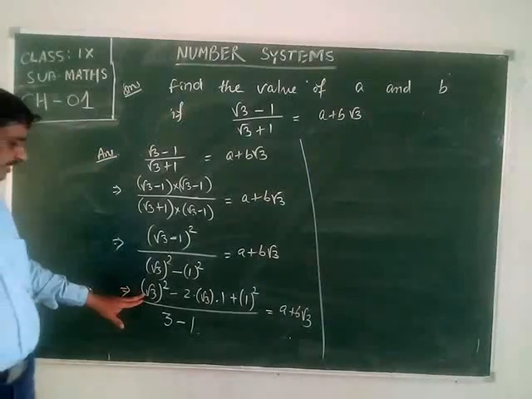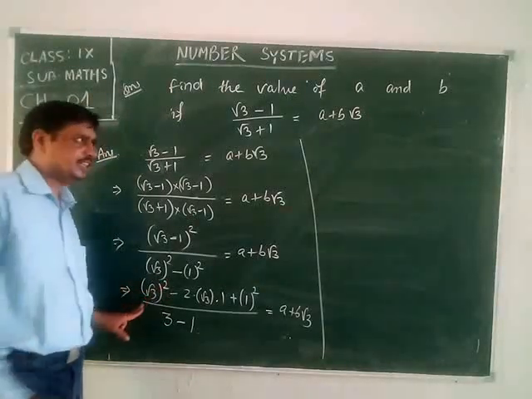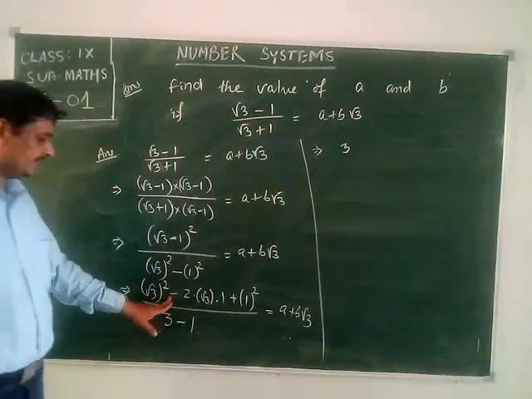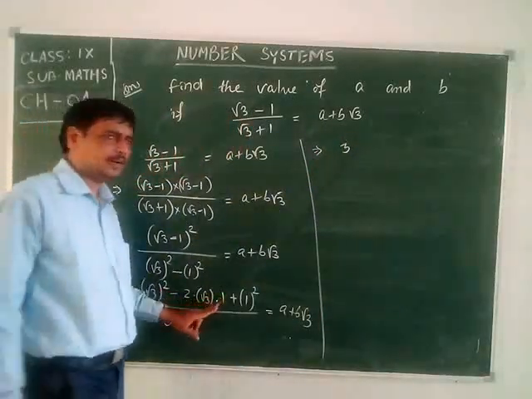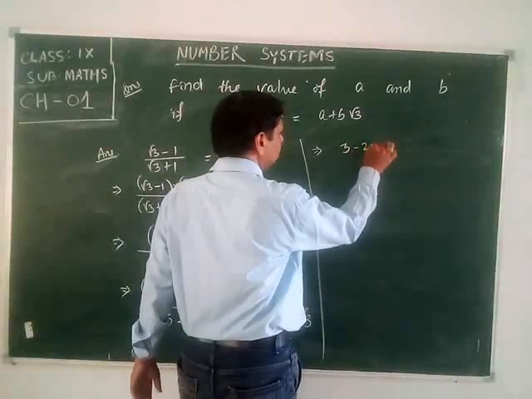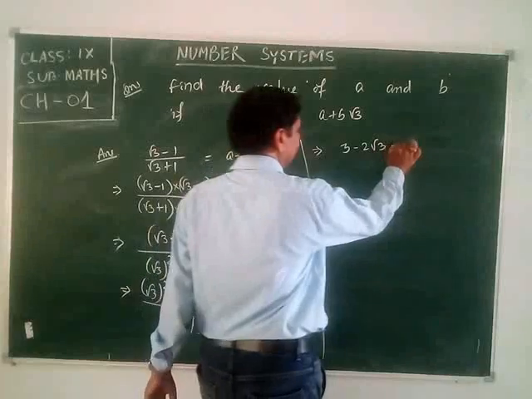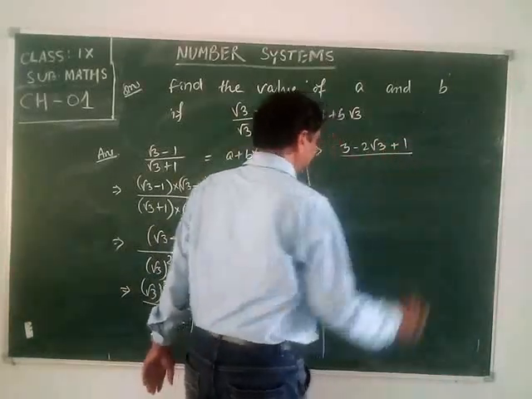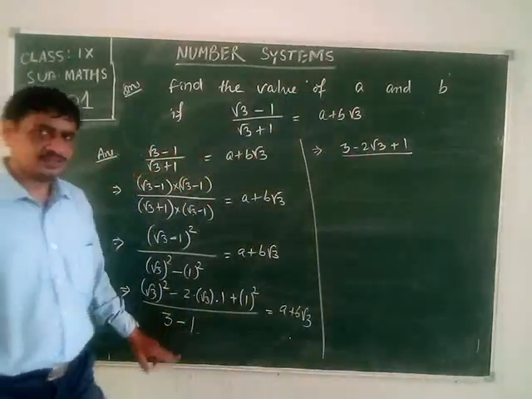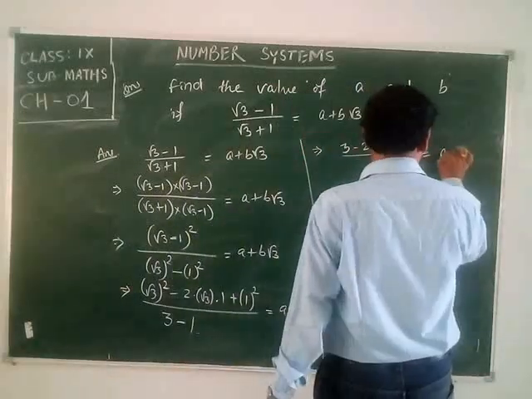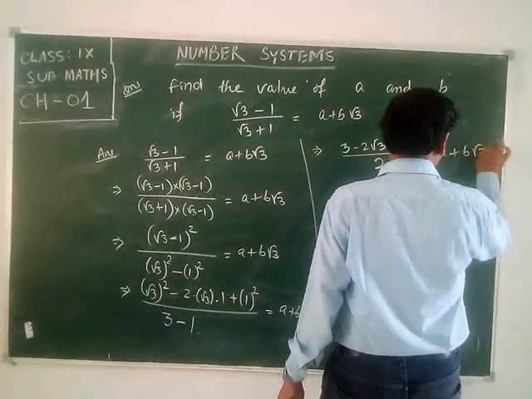Now, in the numerator, the square of root 3 is 3, minus 2 into root 3 into 1 is 2 root 3, plus 1 square is 1. 3 plus 1 is 4, and in the denominator 3 minus 1 gives 2. This is equal to A plus B root 3.